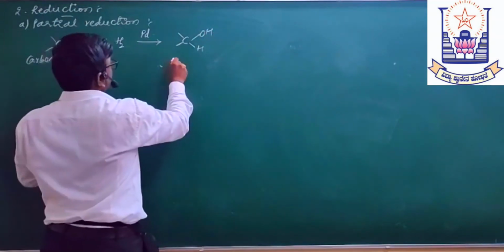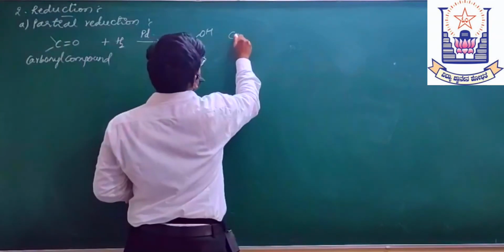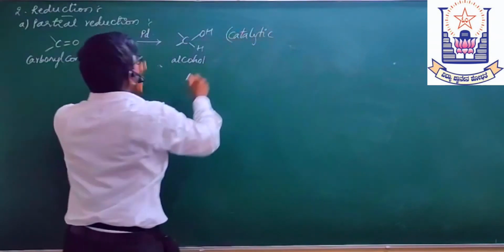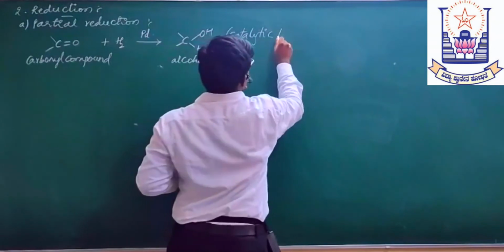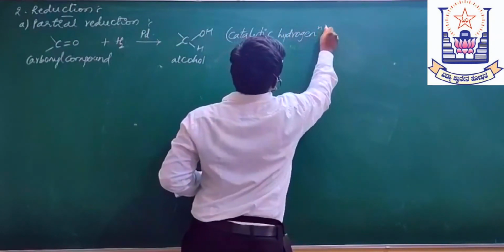What is this? Alcohol. This method is called catalytic because we are using a catalyst, and addition of hydrogen is called hydrogenation. It is a catalytic hydrogenation.